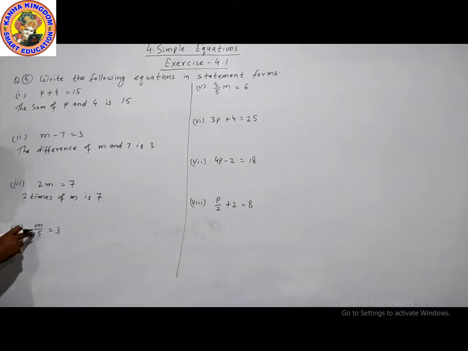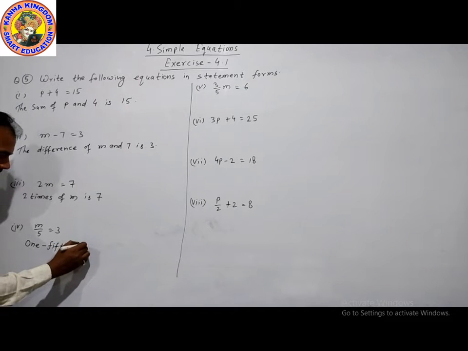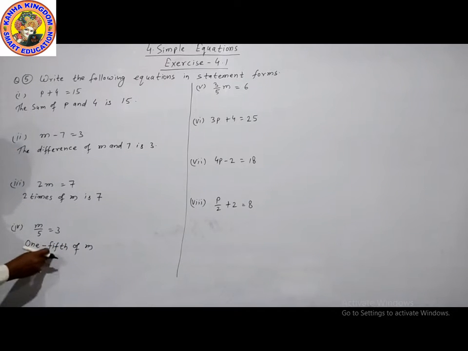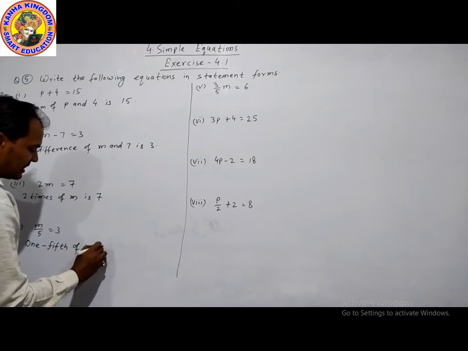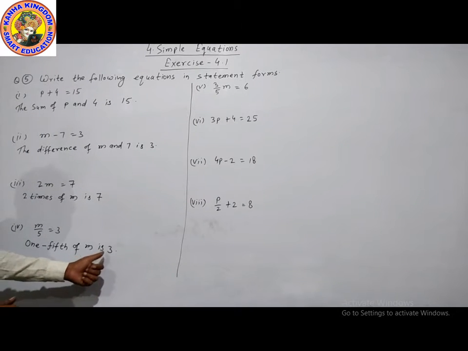The 5 is in the denominator part, so we use th. 1/5 of which number? m. m is 3. 1/5 of the number m is 3.